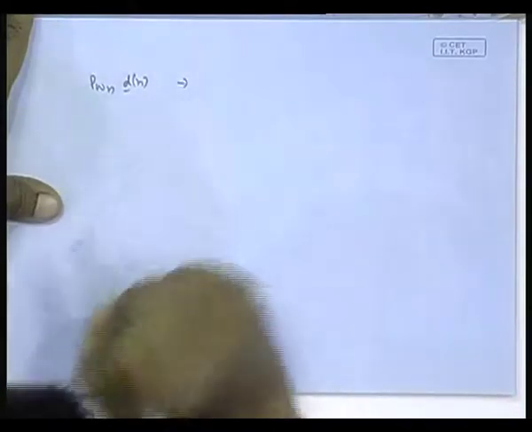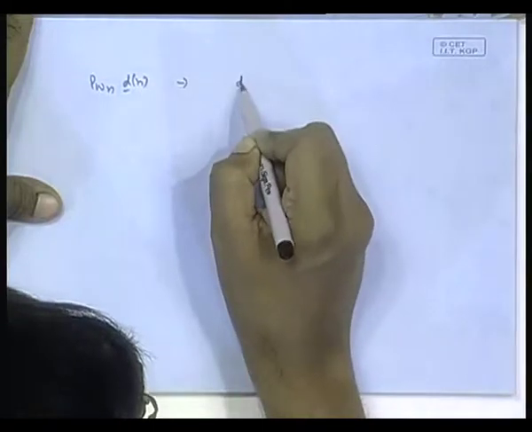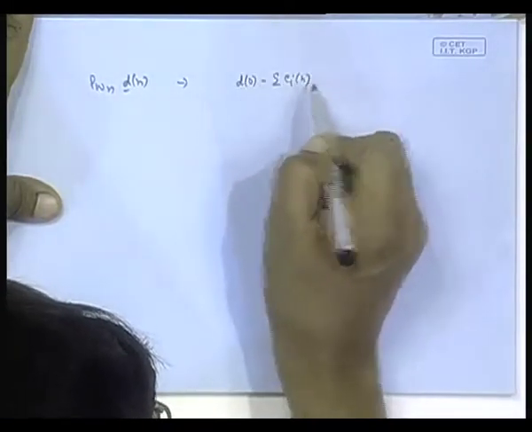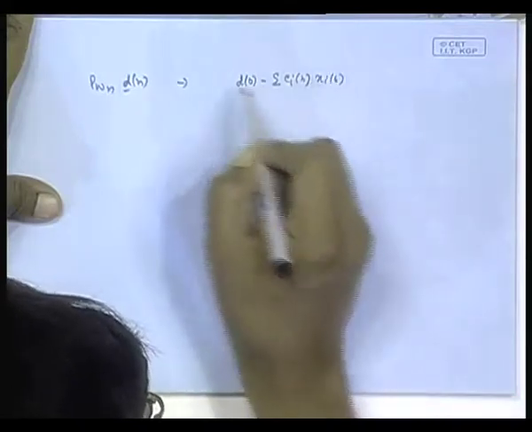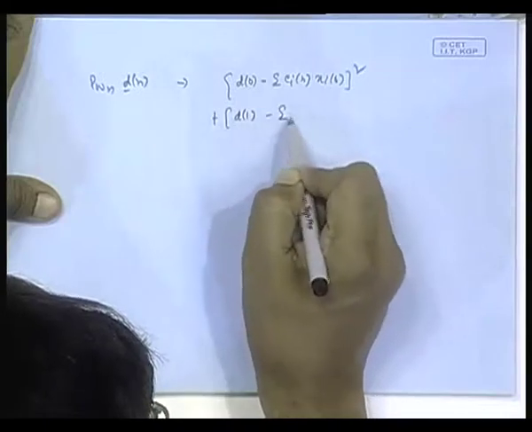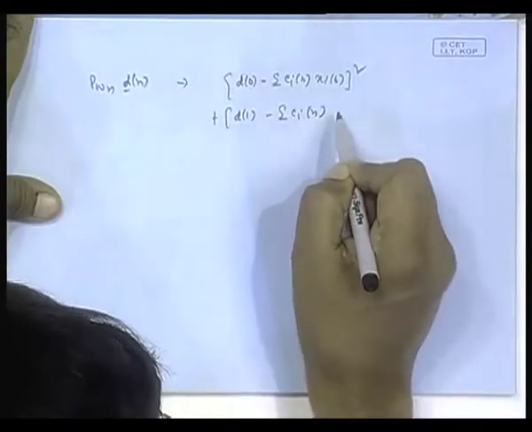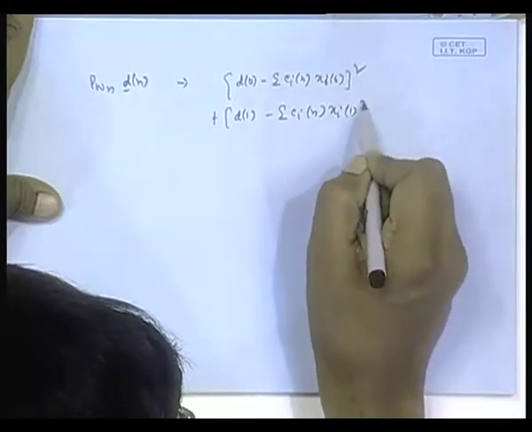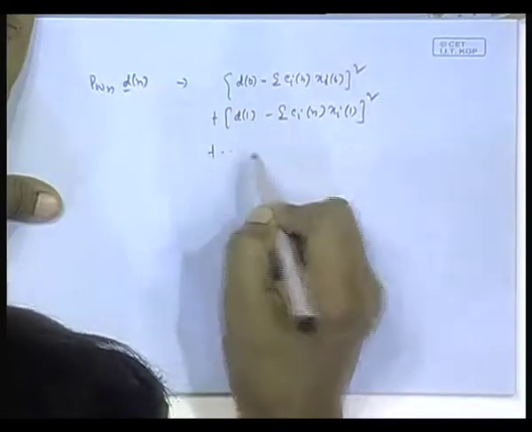For that, what are we doing? You are combining this D0 minus Ci n xi0 square, then D1 minus Ci n xi1 square, dot dot dot.